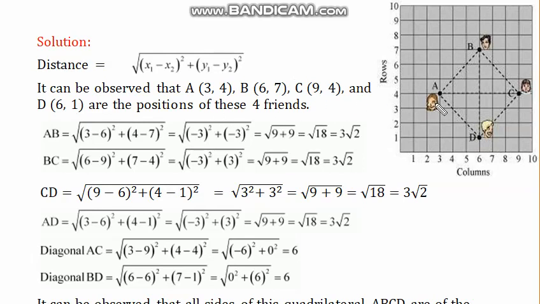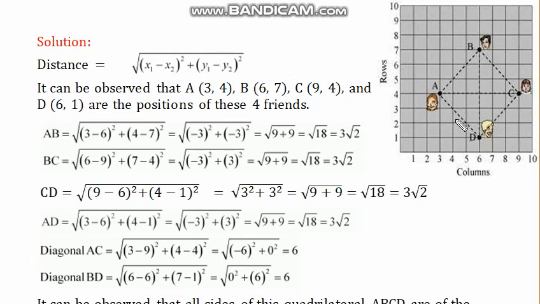So now we need to verify whether they are sitting in a square. So how to find out? First we need to find out the distances AB, BC, CD and AD. If all the sides are equal, we cannot say that it is a square, because in a rhombus also all sides are equal. Then how to verify? First we need to find out all the sides.